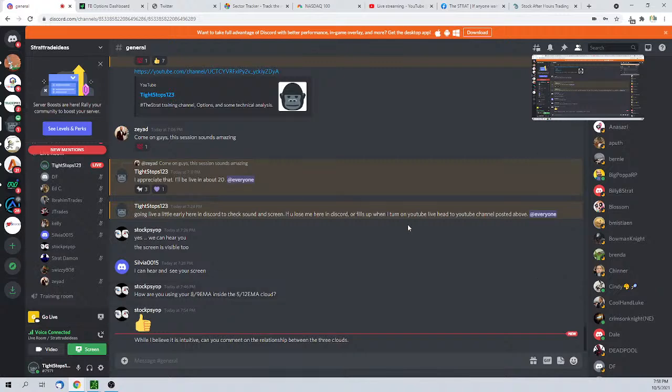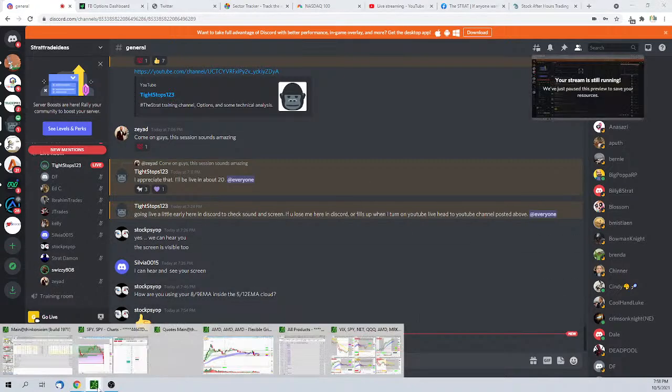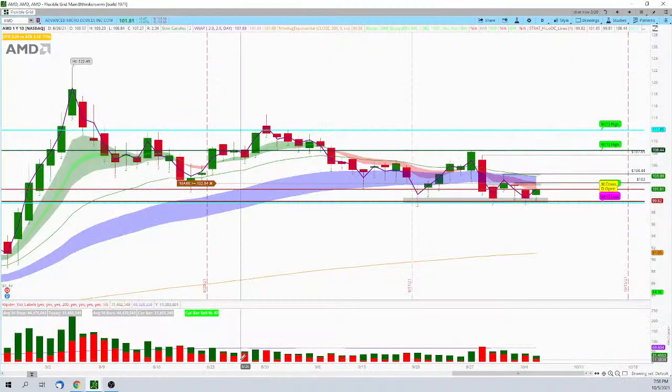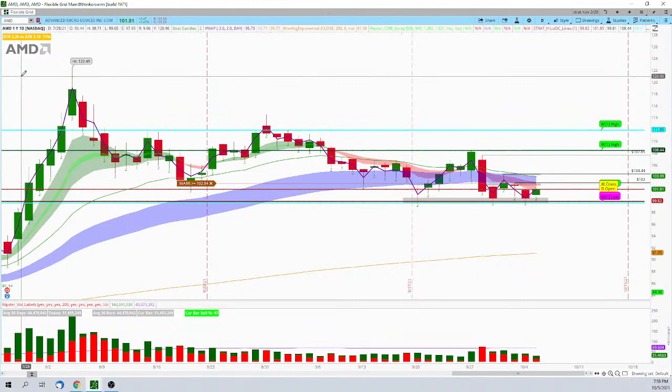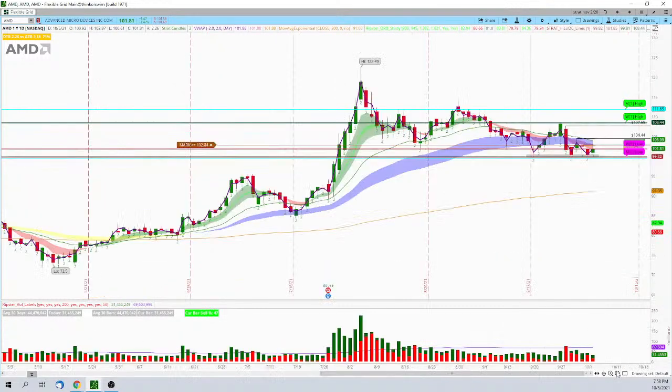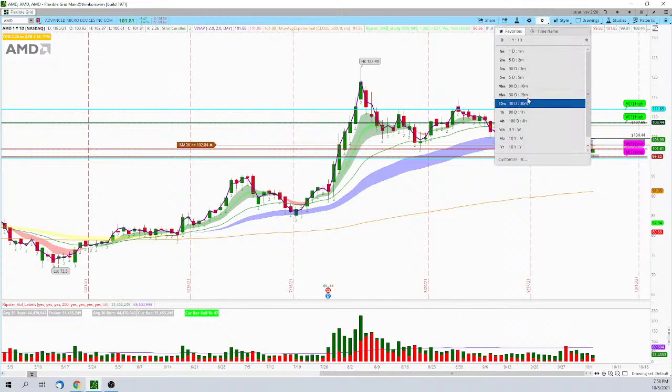So the relationship between the three clouds, like I was saying earlier: the 512 cloud is something I'm going to use if I'm trying to catch a run, trying to catch a scalp, trying to stay in a trade for the morning. But if I have a strategy where I'm trying to hold this stock for a longer period, like I said, overnight, I go back to the 10-minute.